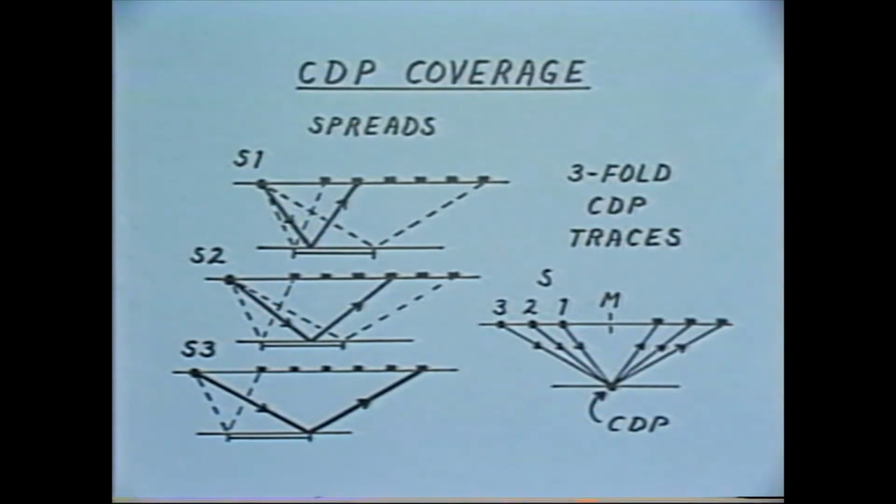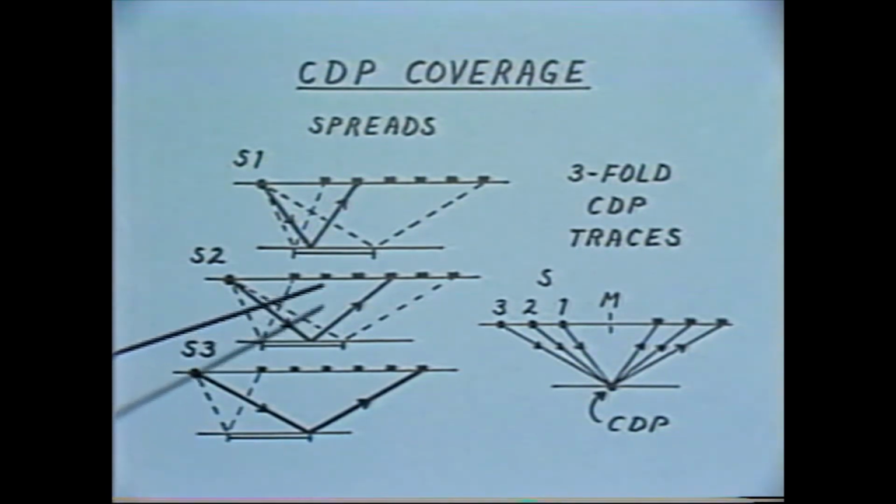So from this type of recording method then, we would obtain subsurface coverages, as indicated here, of half a spread length from that shot, then from that, and from that.